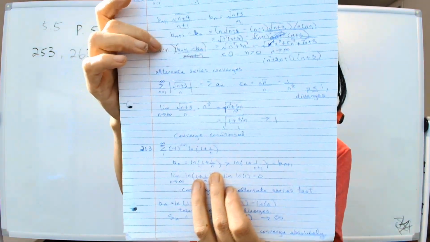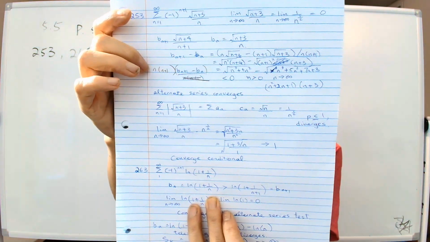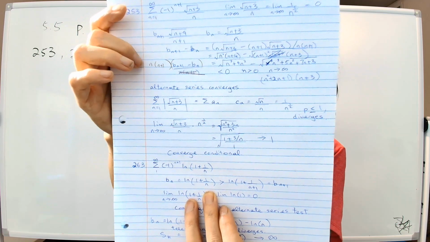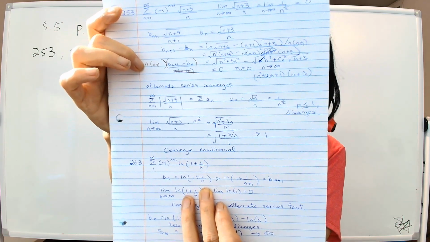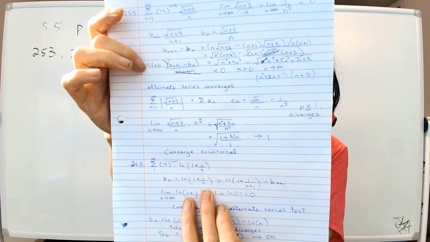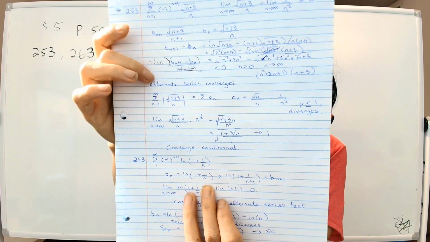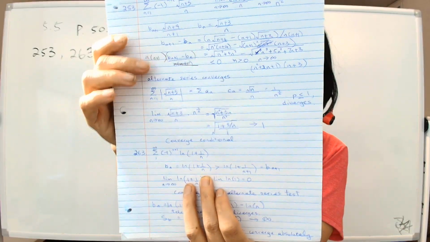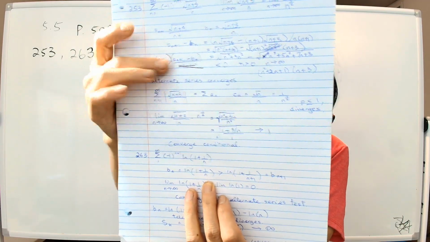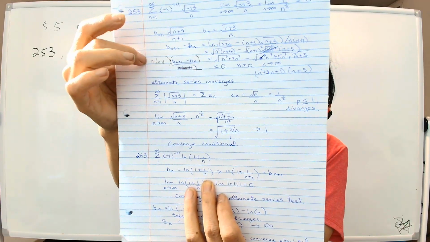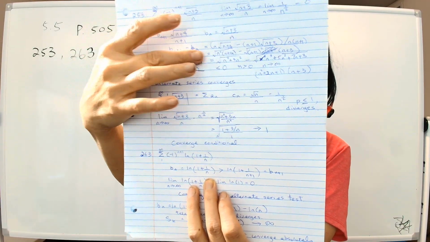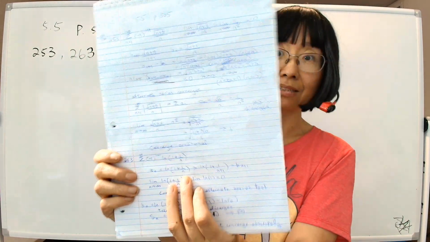Oh, I forgot to mention that I changed the solution before. The n times n plus 1 should be multiplied on this side. I don't even know why I wrote it as dividing, but it doesn't change anything, because n and n plus 1 are positive, and all we care about is proving this thing is less than 0.